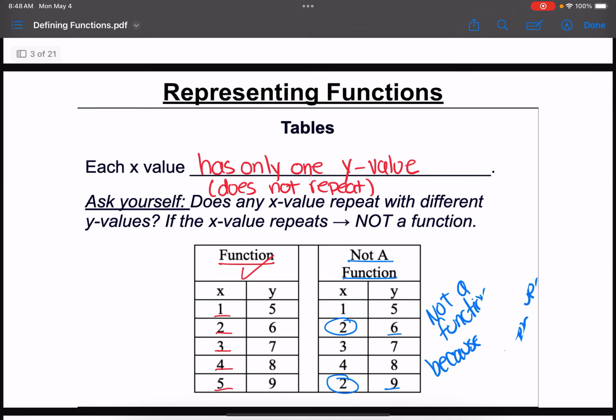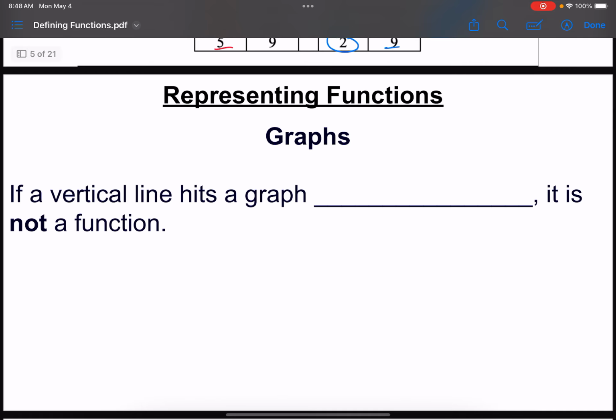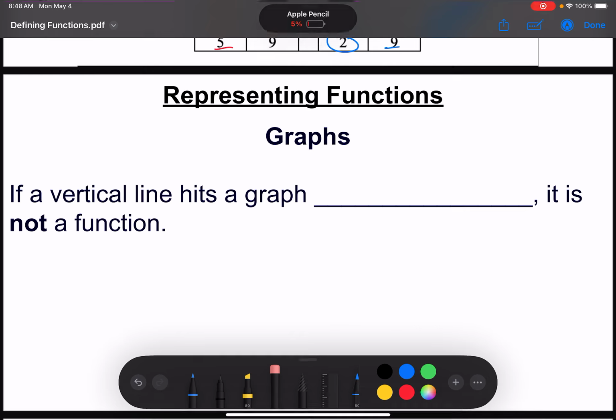Now, when it comes to graphs, we need to do the vertical line test. So just keep in mind that a vertical line is a line that goes up and down. So something like this is a vertical line.